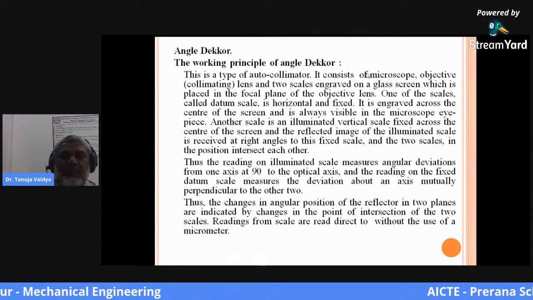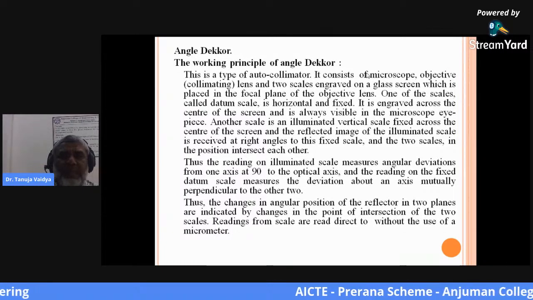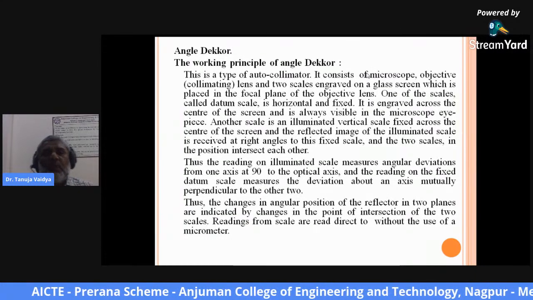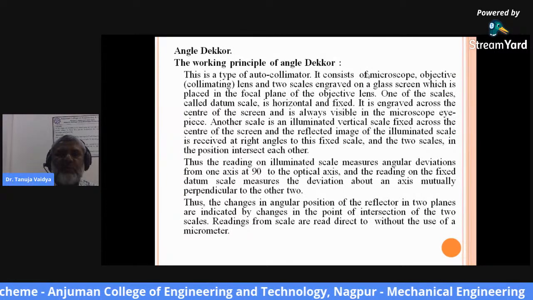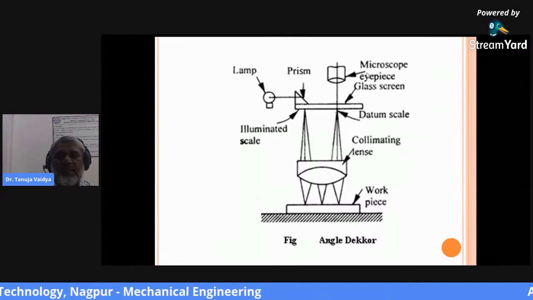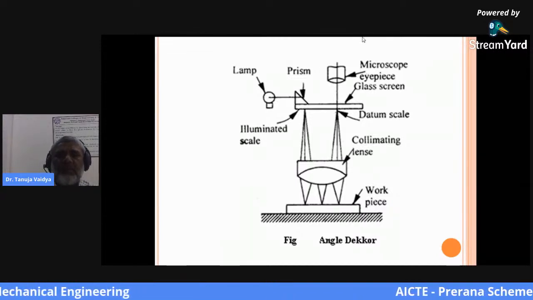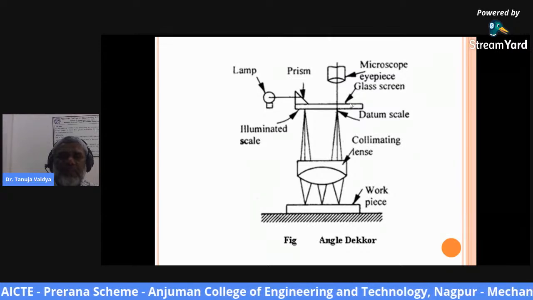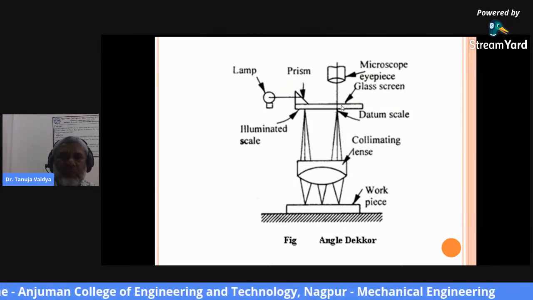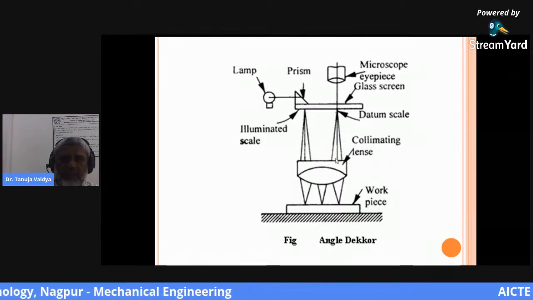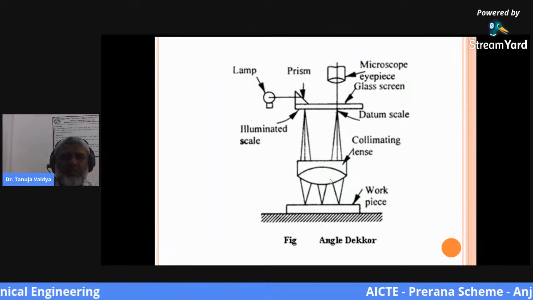Another important instrument which is used for finding the angle is the angle decker. This is a type of autocollimator, and it consists of a microscope, objective collimating lenses, and two scales engraved on a green glass. From this figure, you can understand the angle decker: this is the microscope eyepiece, this is the glass screen, collimating lenses are there, and the work ray is directed towards the workpiece through these collimating lenses.